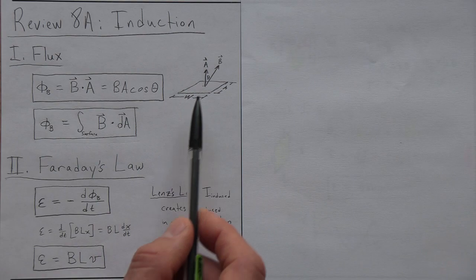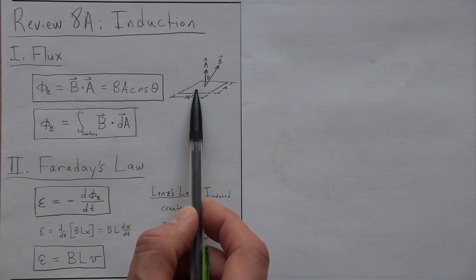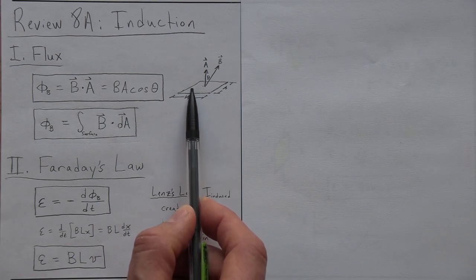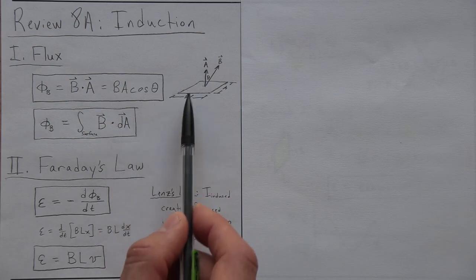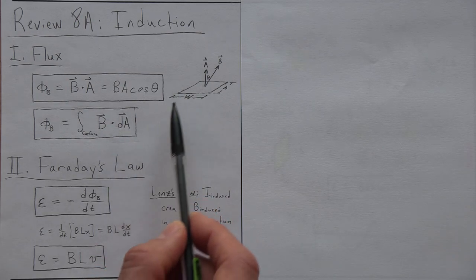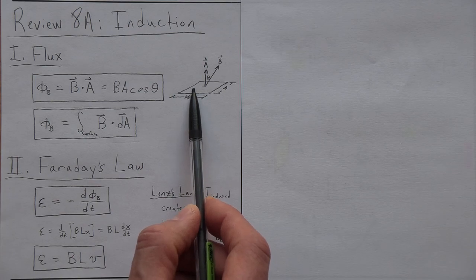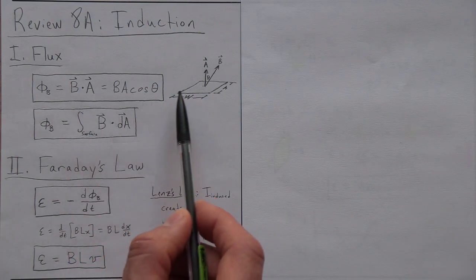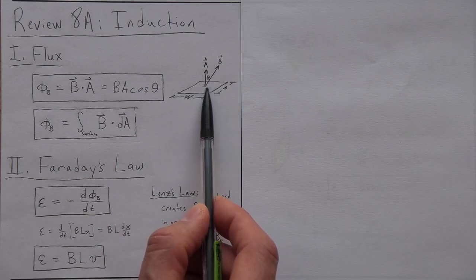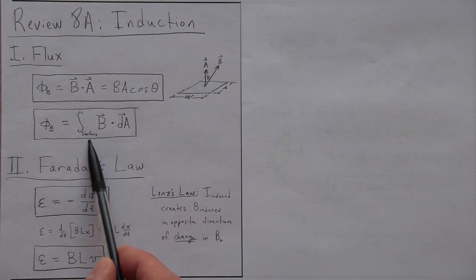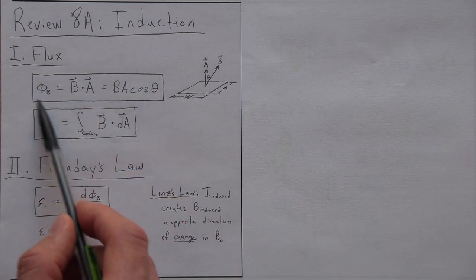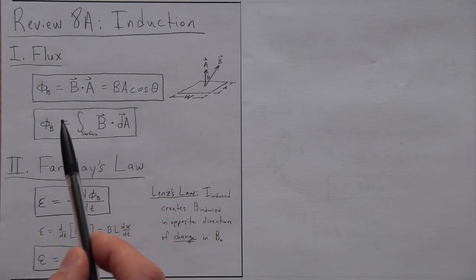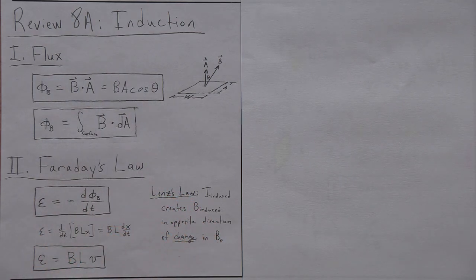So what you have to do is imagine a tiny surface here, area dA, and then you can find the flux through that surface by B dot dA, because the B doesn't vary by much since the area is so small. And then you add up all the fluxes through all the little dAs, so you're integrating over the surface. So it's this concept turned into an integral. That's also something we're going to look at examples of.